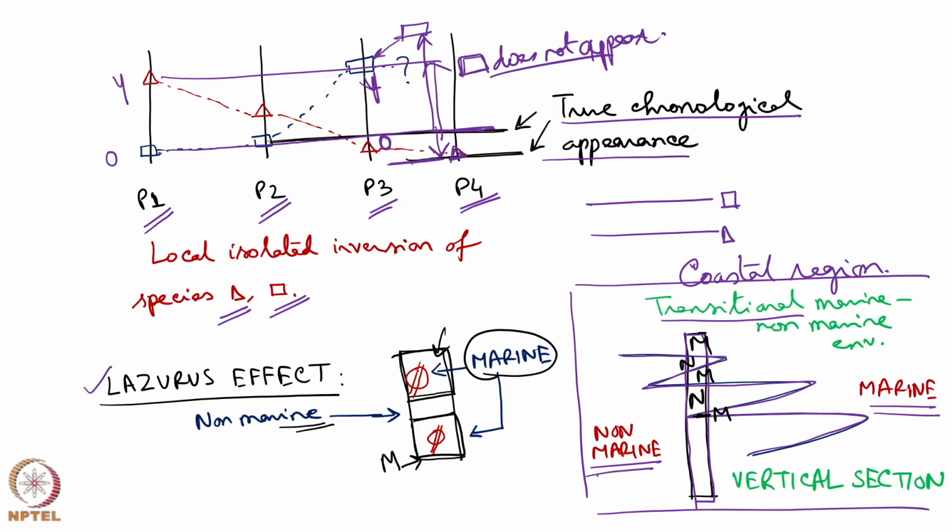So now if you are observing only this much of the succession, do not think that the species disappeared over here. It did not disappear, it continued actually, but it was not recorded; it was there on the earth. So, such omission of the fossil in a transitional marine non-marine environment is called the Lazarus effect. So, absence of fossil does not mean that the organism got extinct.